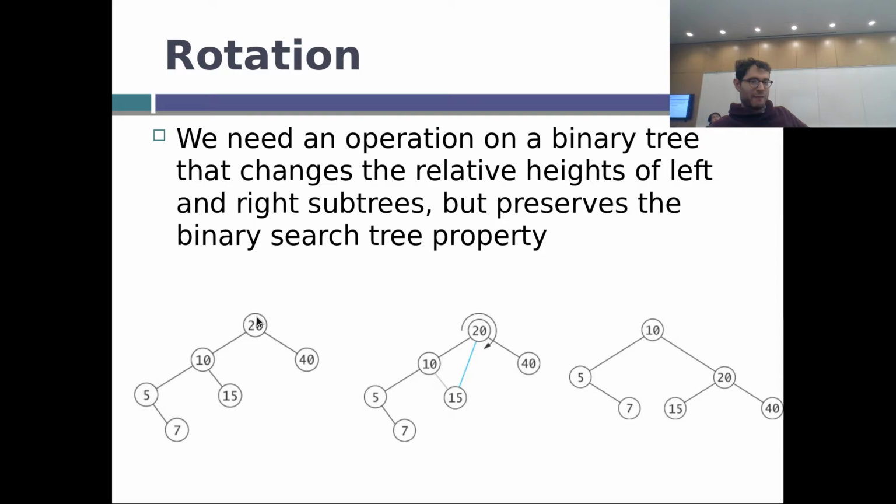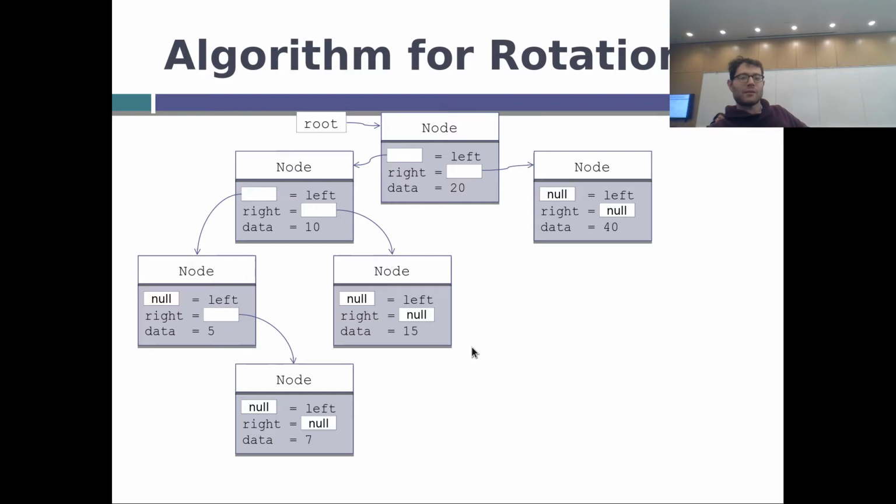And what we do is move it down by making its left child the new root of the tree and adopting the new root's right child as our left child. Okay, that seems like a handful and a bit confusing, and it is. Sorry. It takes a bit for it to click.